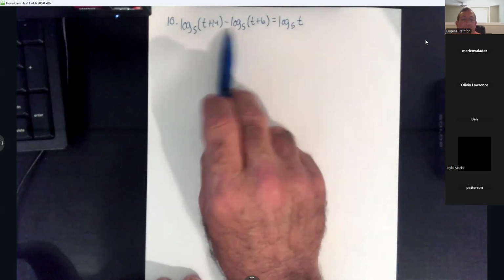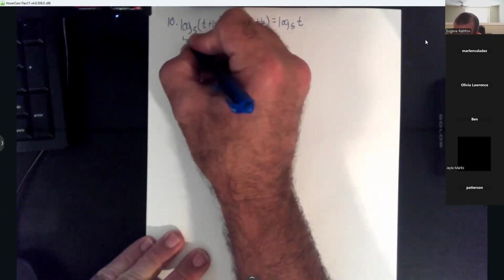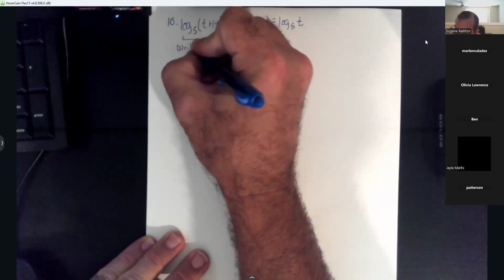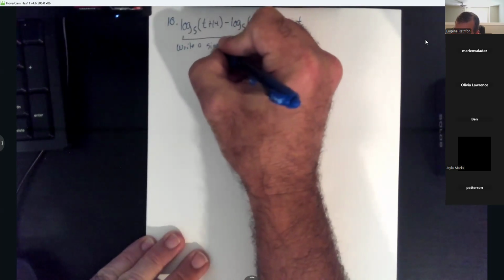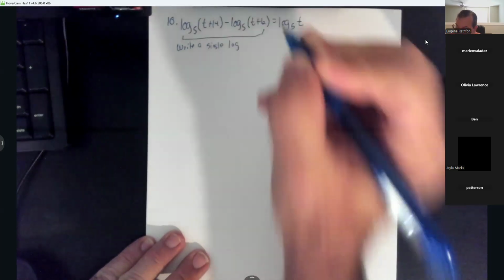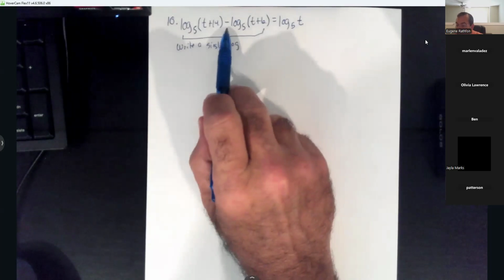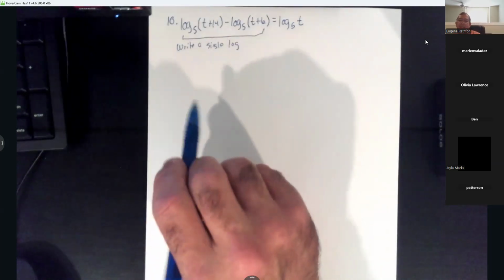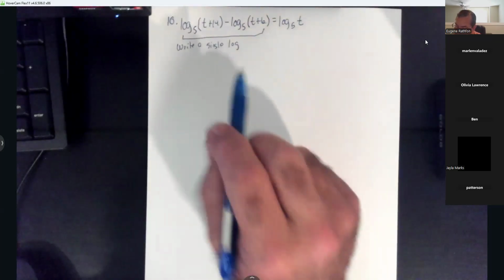So over here on the left side, we got 2 logs. We're going to write this left side as a single log. Now remember, these ones are being subtracted. So since they're being subtracted, this will look like a quotient.